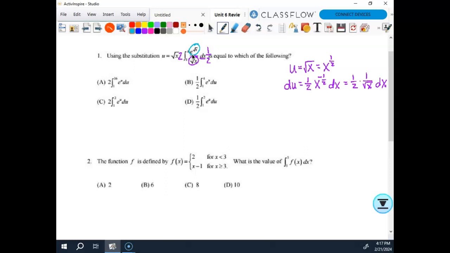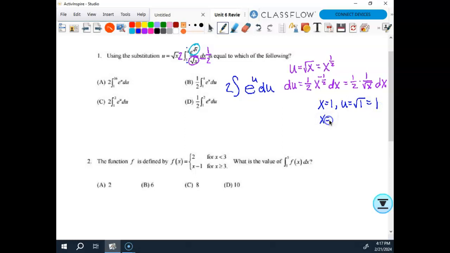Now, here's something that I saw quite a few of you make this mistake on. Here's my integral symbol, right? The 2 goes out here. I am not writing the 1 and the 4. This is going to be e to the u du. Okay? Now, I do need numbers there, but now this stuff is in terms of u, so I need to say when x equals 1, u equals the square root of 1, which is 1.